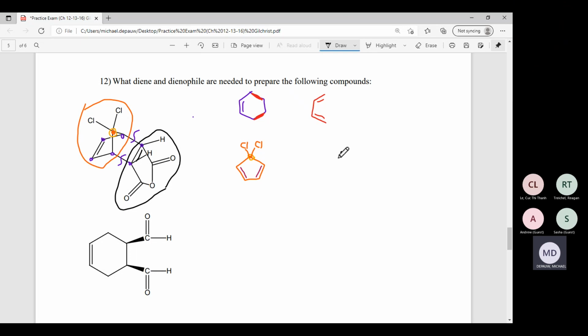So the next molecule is going to be that 5-membered ring that has that oxygen in the middle here and the 2 double-bonded oxygens out here. There's a special name for that compound. I can't remember what it is offhand, but it's conjugated. So there you go. Those are going to be your 2 reagents for this one.